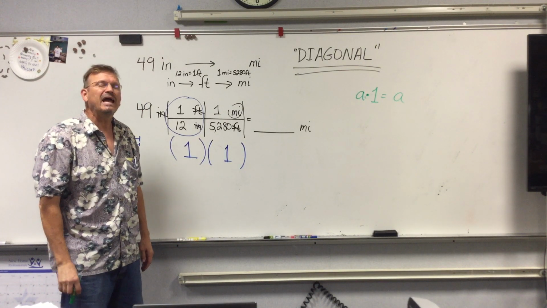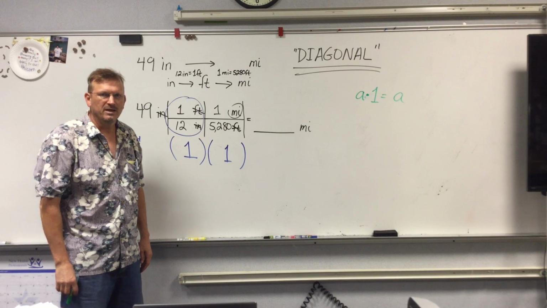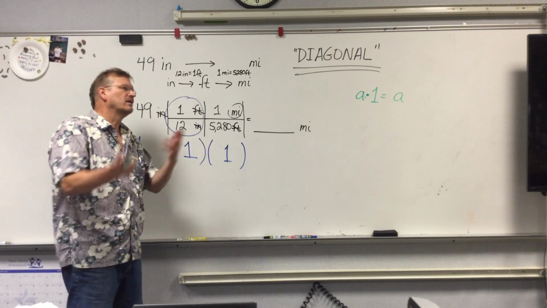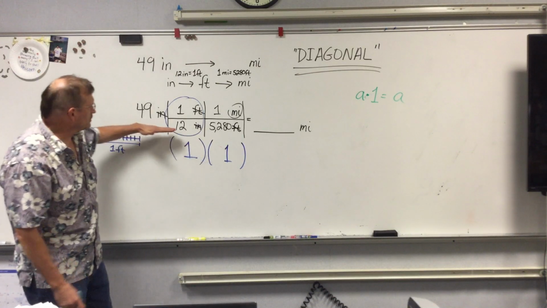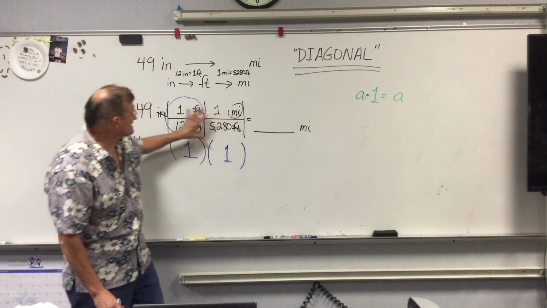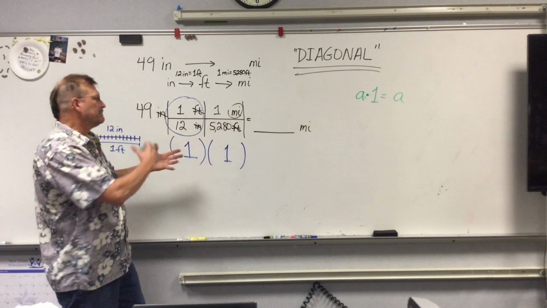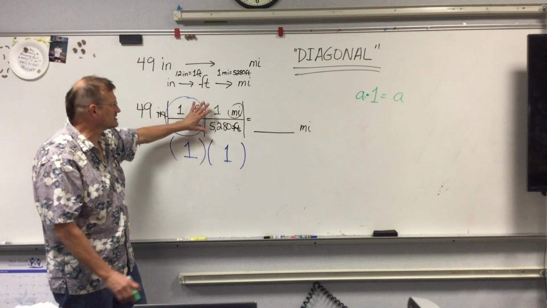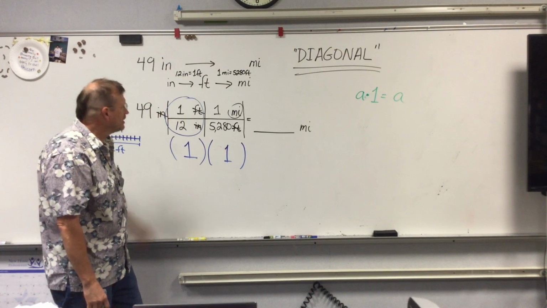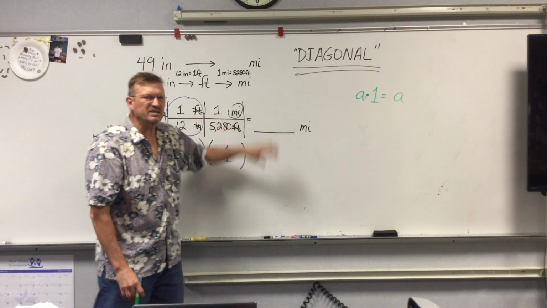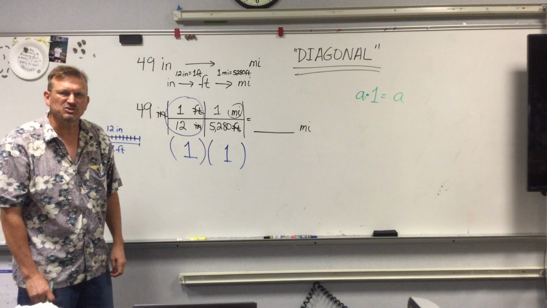The answer is as many times as you want, because 1 times anything is always the same thing that you started with. So when you look at this idea of converting and setting up these magic H's and putting values of conversion factors in them so that units are diagonal so they cancel, you can set up as many of these magic H's as you need to get the job done.